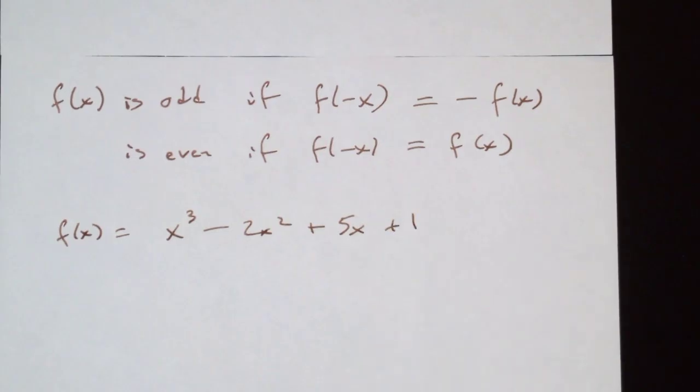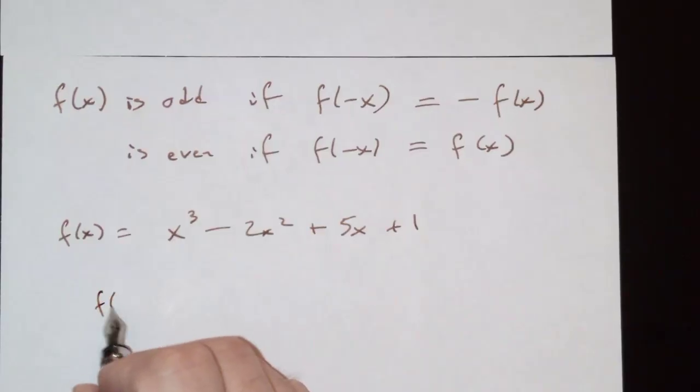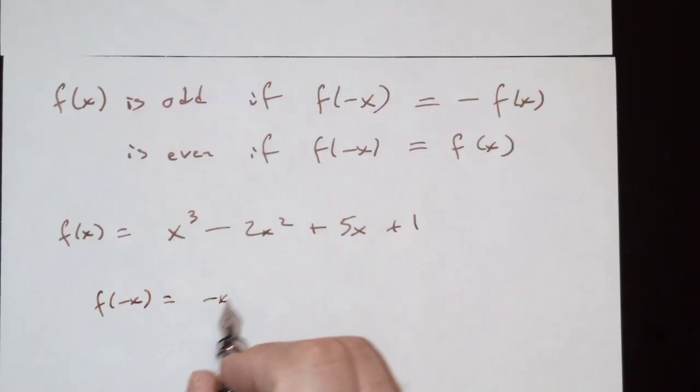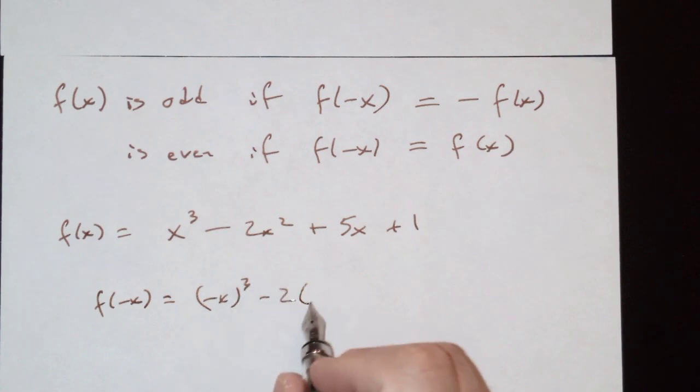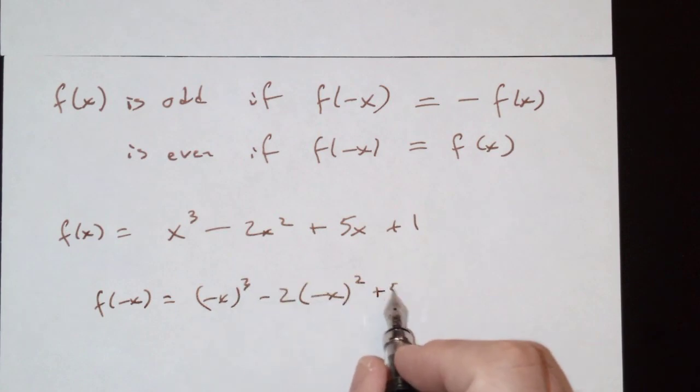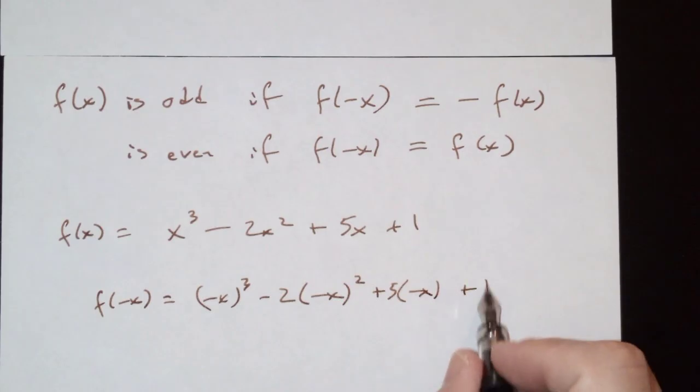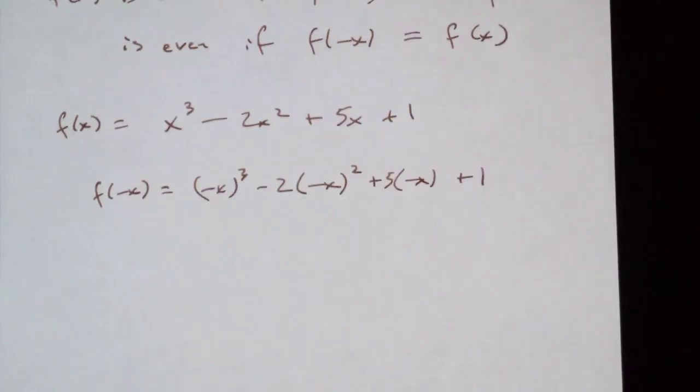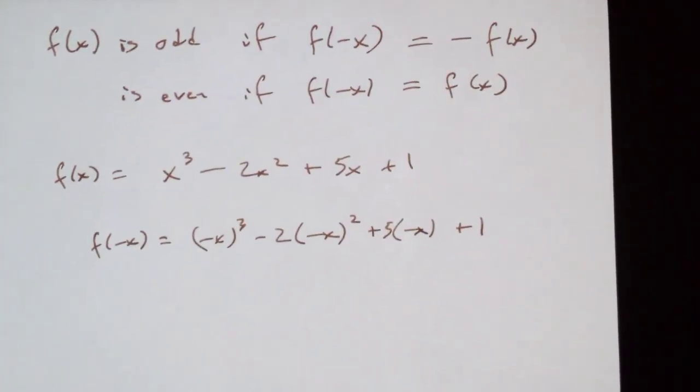Which I just now made up out of whole cloth. If I want to know if this is even or odd, what I do is I plug in a minus x. And I ask myself, what happens when I simplify the minus signs?